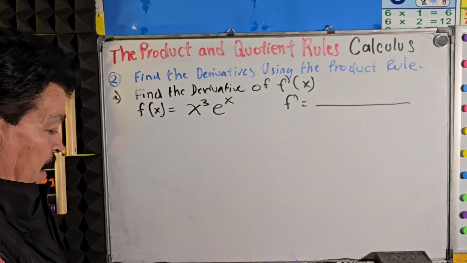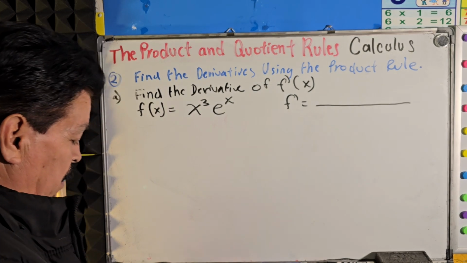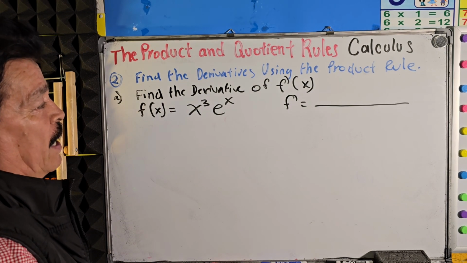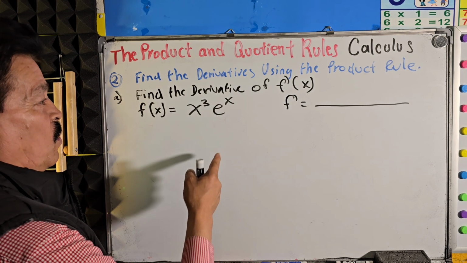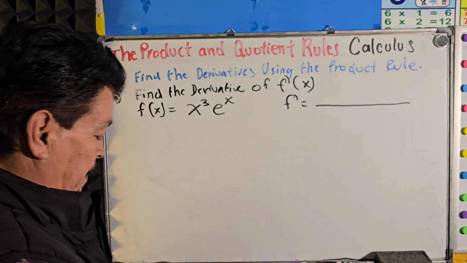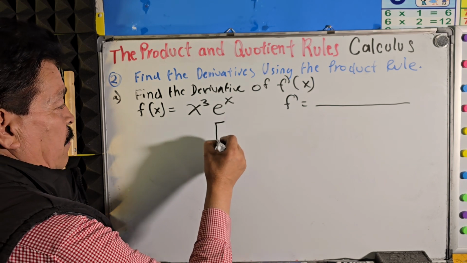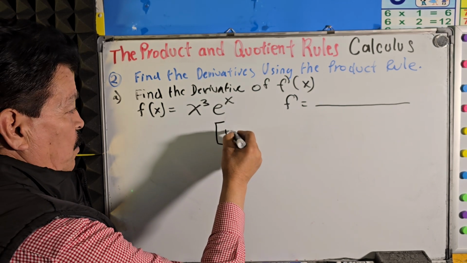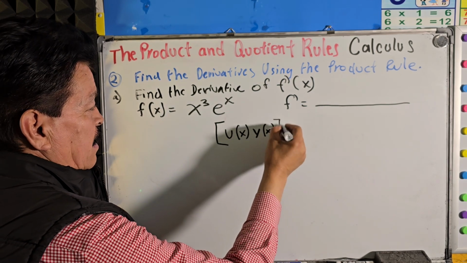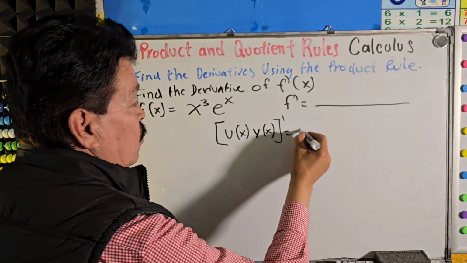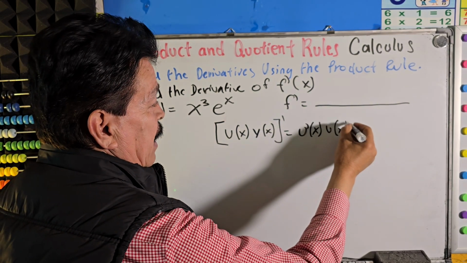To remember this concept always, we have to apply the product rule. Let me write the product rule again, just for a moment. u of x times v of x, prime, will equal u prime of x times v of x plus u of x times v prime of x.